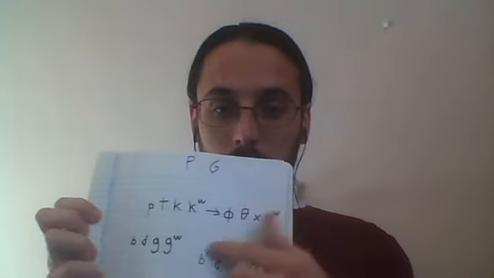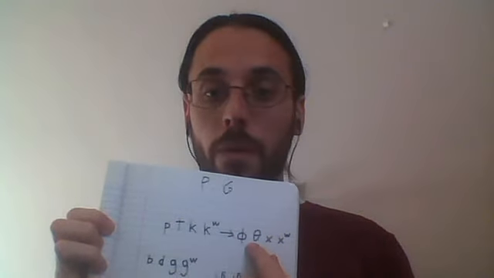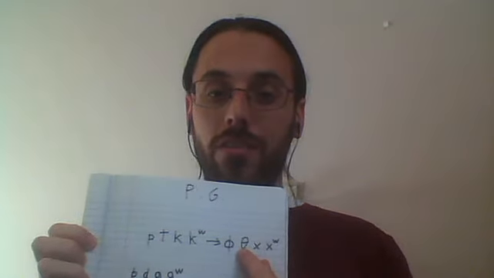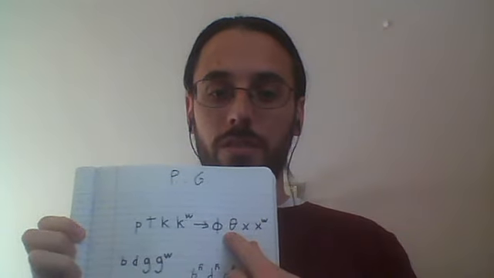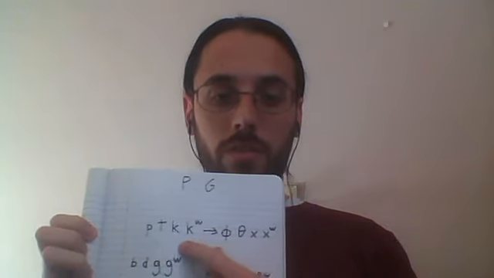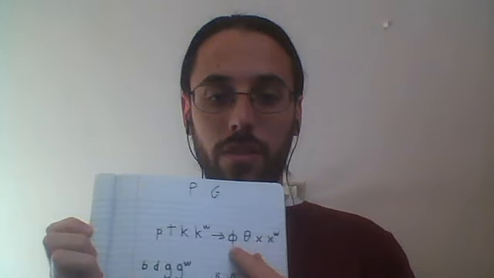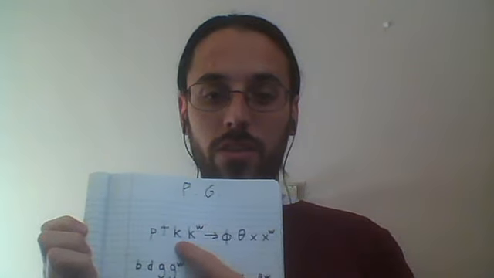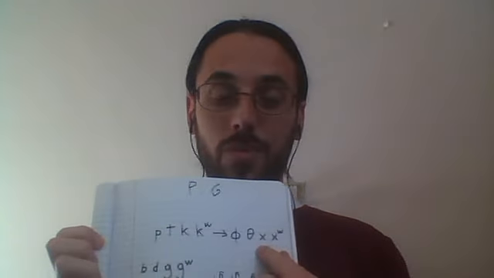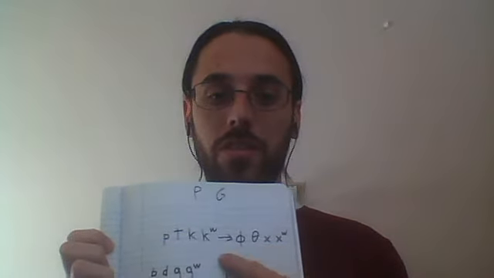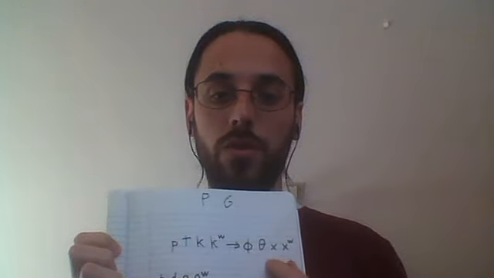So p changes to ɸ, which later on changes to f, a labiodental fricative instead of a bilabial voiceless fricative, labiodental voiceless fricative. Then t changes to θ, k changes to x, which later changes to h in word-initial position, and I'll be giving you some examples, and kʷ changes to xʷ.